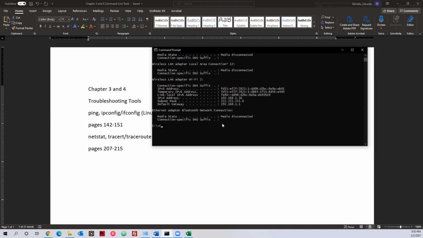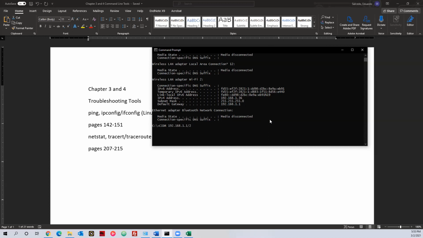So in CIDR notation, it would be, what is it? 192.168.1.1/24, right? Because of the subnet mask. So the 255 meaning we're using all of the bits, the first 3 sections of the bits here to determine the network, and the 0 is the part that determines the host, right?